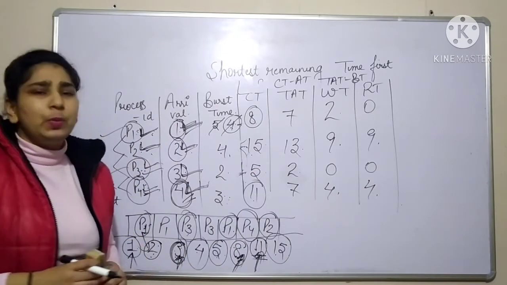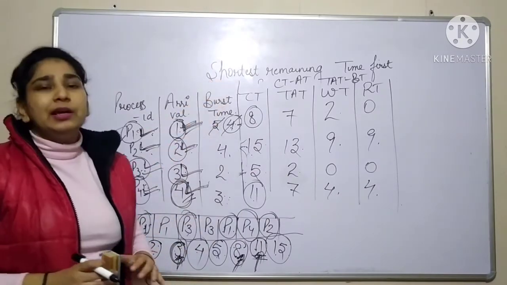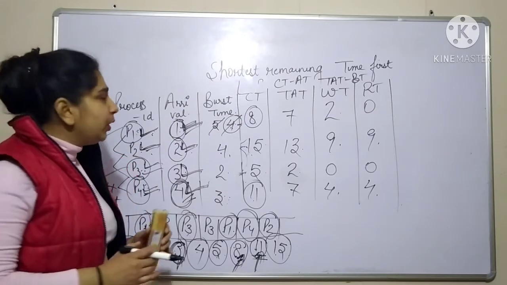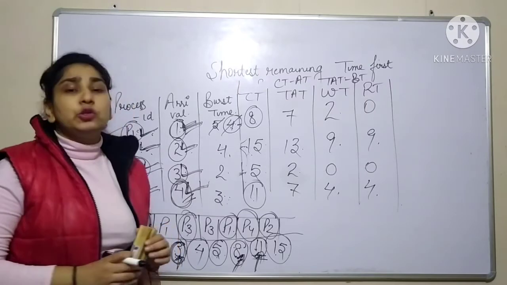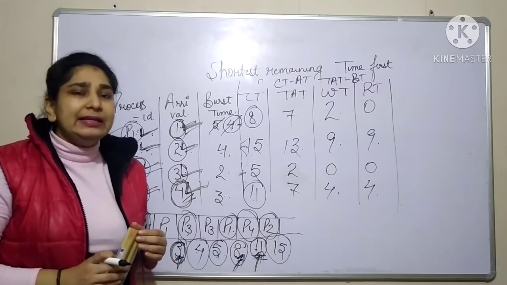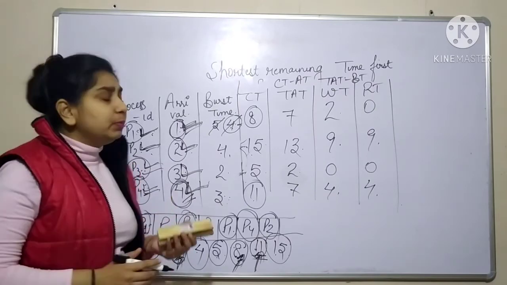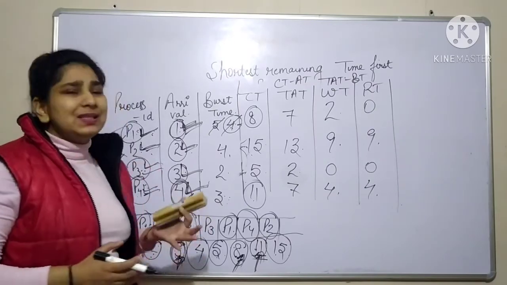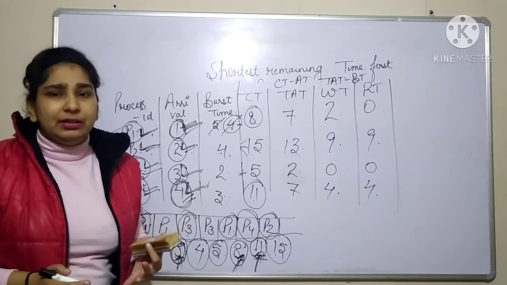This is how we calculate the shortest remaining time first. We always try to give priority to the shortest processes so that we can reduce the waiting time and the response time. Whatever we are discussing is for a single machine.